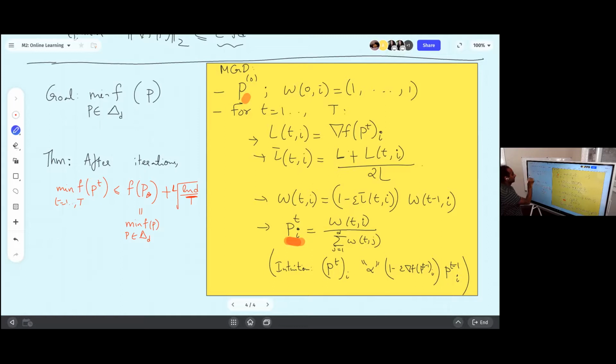It's saying that after T iterations, you can look at your iterates to find a value which gets close to the minimum value of the function in the simplex up to this term.